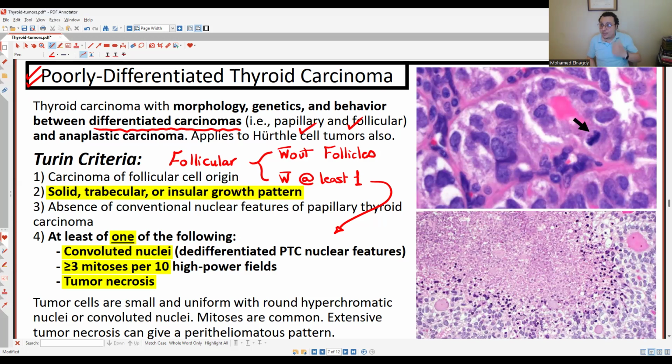And it behaves as a cancer which is not as aggressive as the anaplastic carcinoma and not as indolent as the differentiated carcinoma. It's somewhere in the middle, the poorly differentiated thyroid cancer.